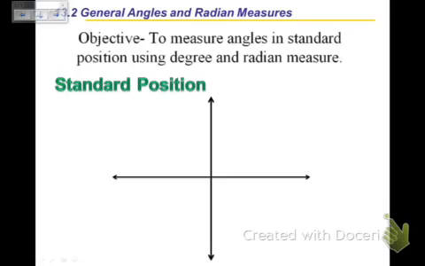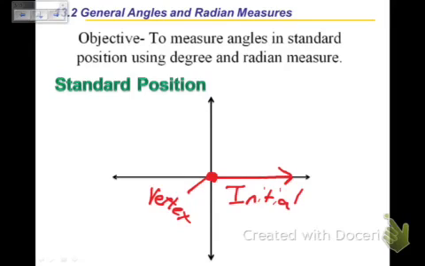Standard position is on an XY type plane here. We start with this middle spot. This is the vertex of our angle, and this side over here is what we call the initial side, and this is where we start every single angle we draw.